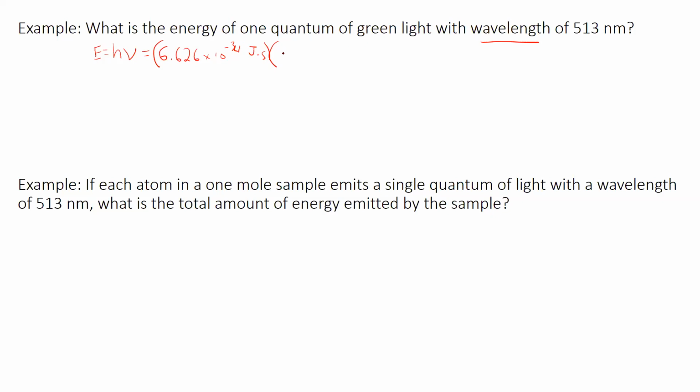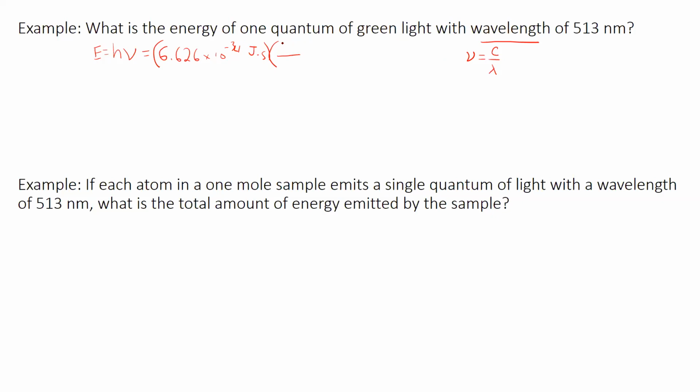Now we can ask, what's the frequency of it, like we did in the calculation before, or we can just plug in, since we know that nu is equal to c over lambda, that whole thing in there.